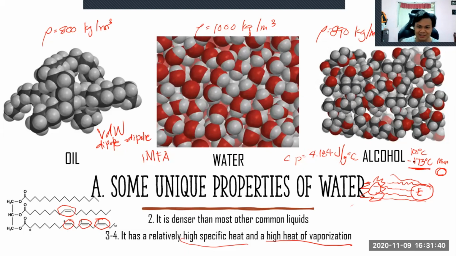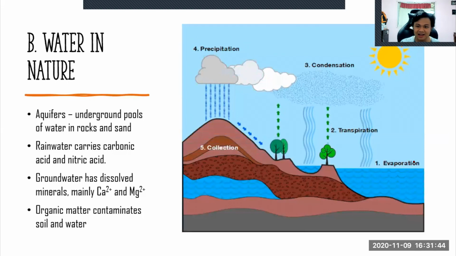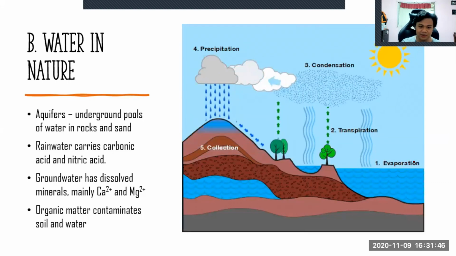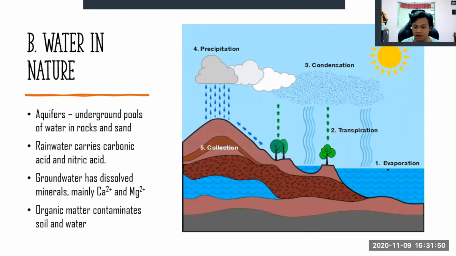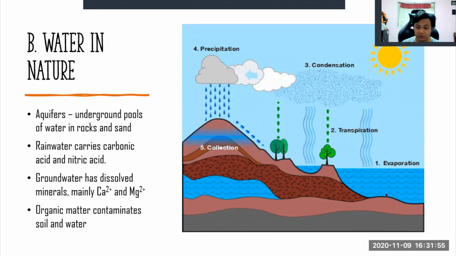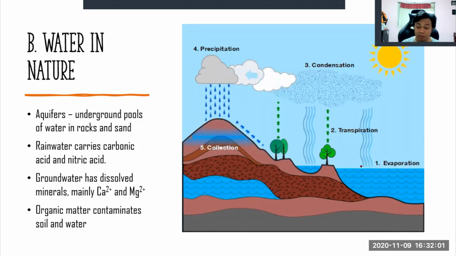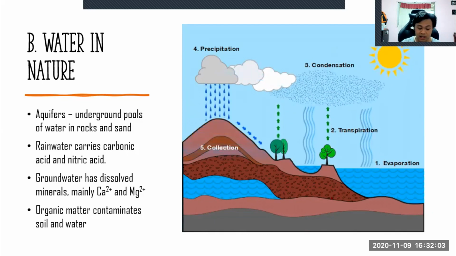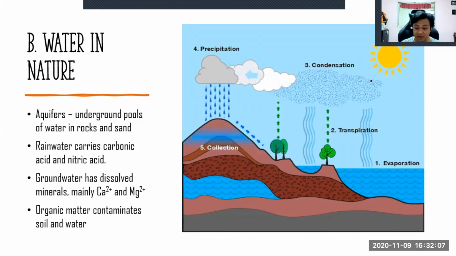All right, so that's so much about this. Let's move on to water in nature. As you can see, I have shown you here a water cycle. First, evaporation: the water from the seas or any bodies of water goes above, up to the troposphere.